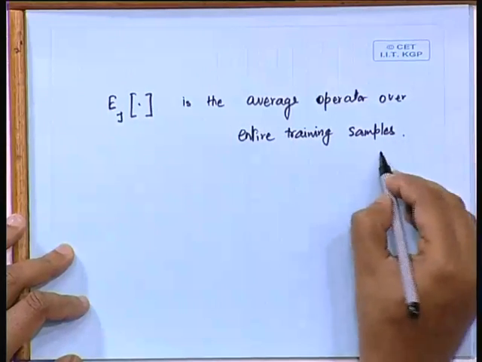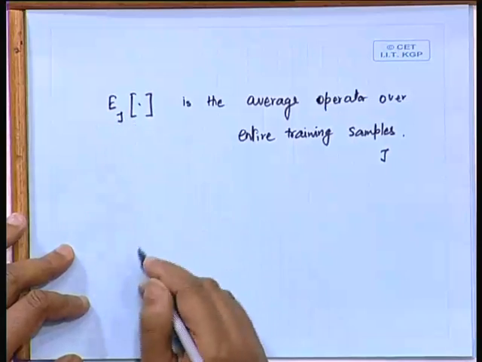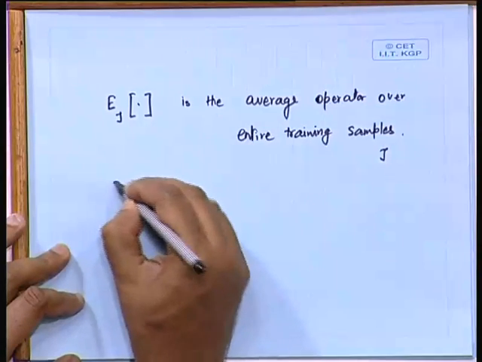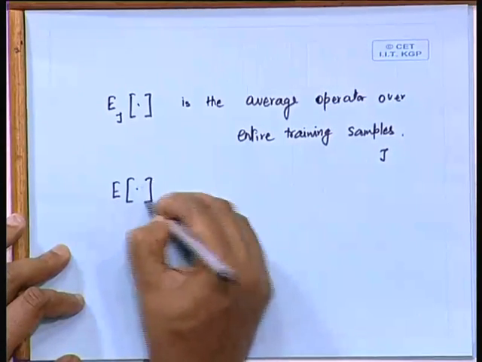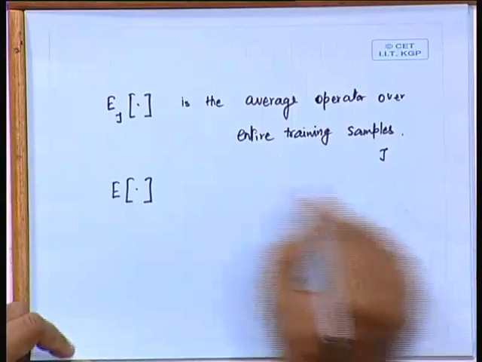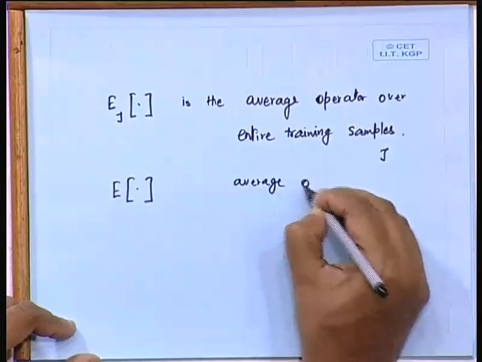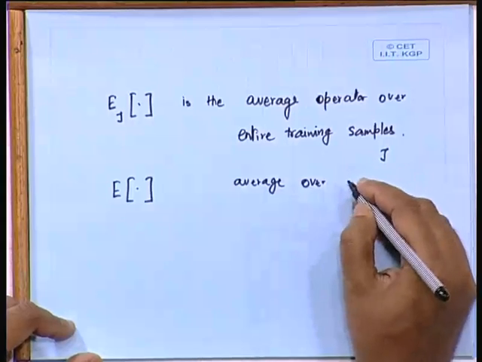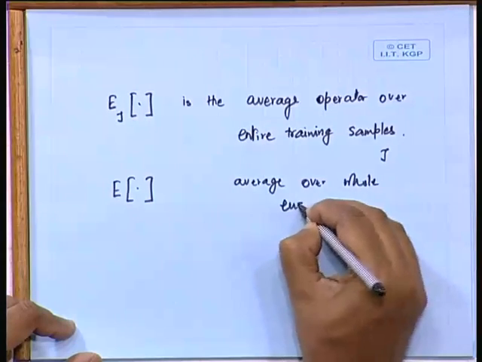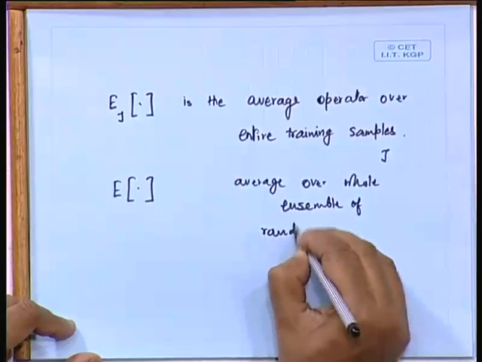The training samples is T, and that is why we have given E suffix T, and writing this as E suffix T is different from writing the E operator directly. What is the E operator? The E operator is nothing but the average over the whole ensemble of random variables.